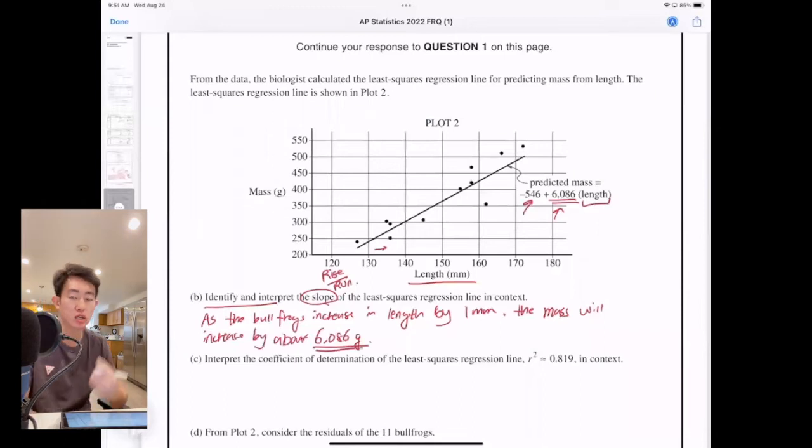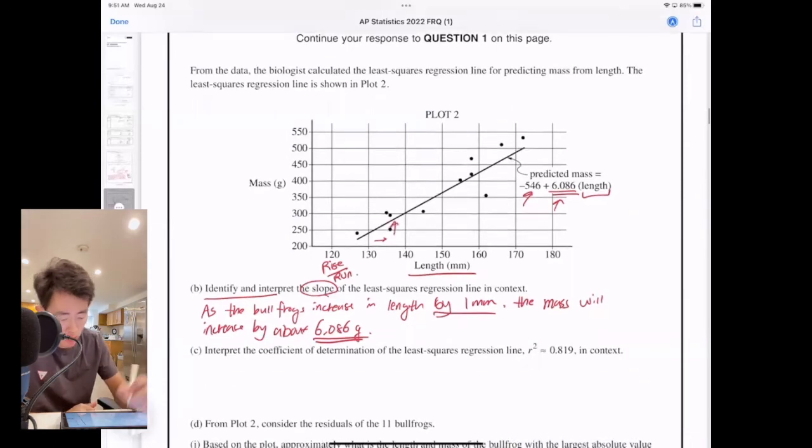So you're mentioning that number in that context, indicating that that's the slope and that's what it means. As the length increases by 1, your mass will increase by about that much. It's always about that rise over run here.